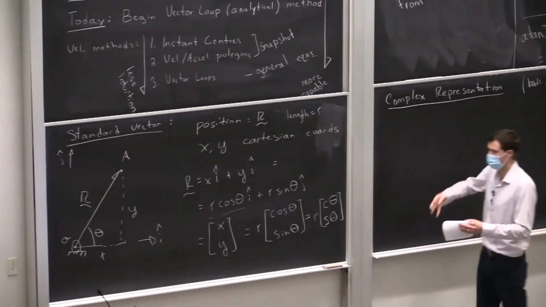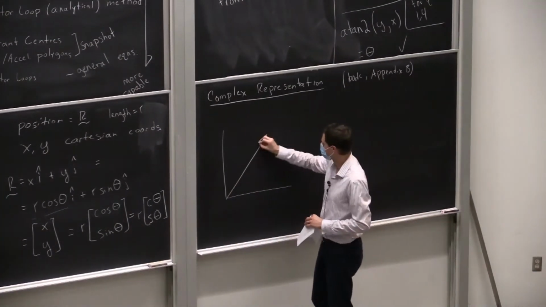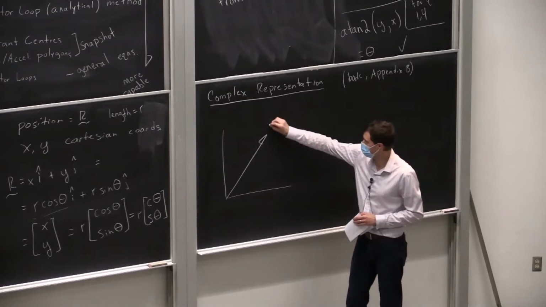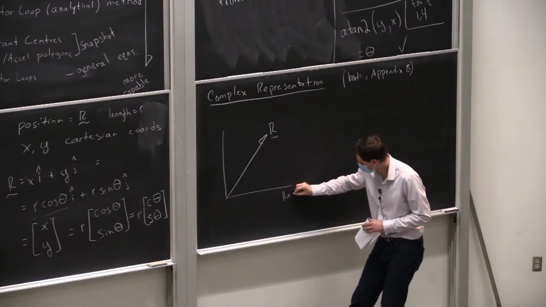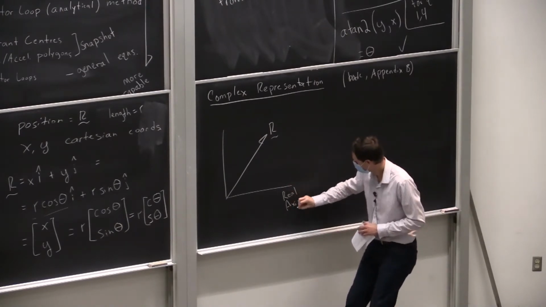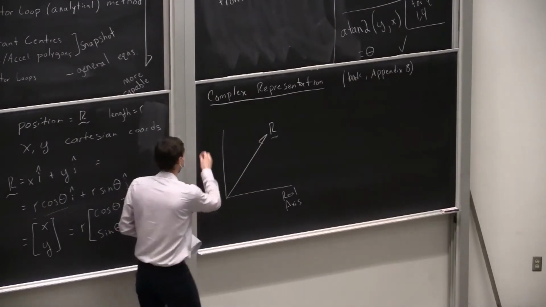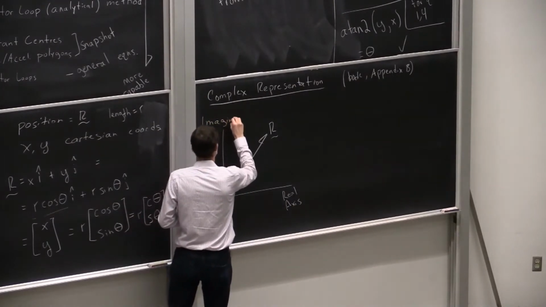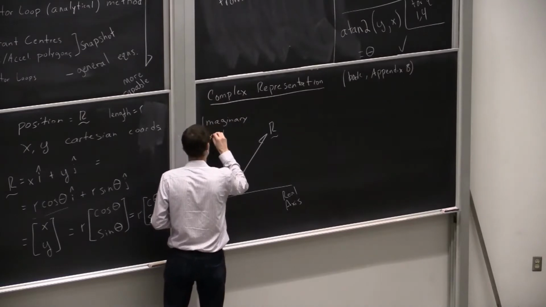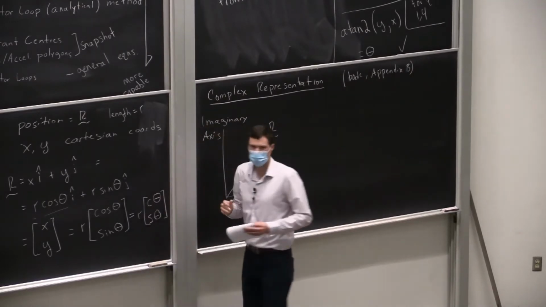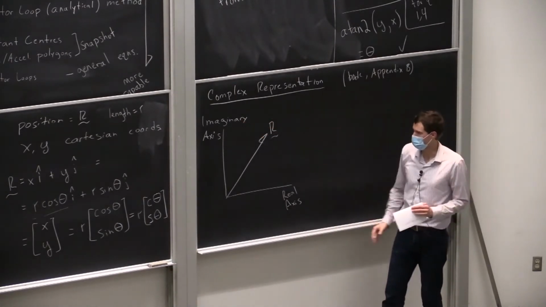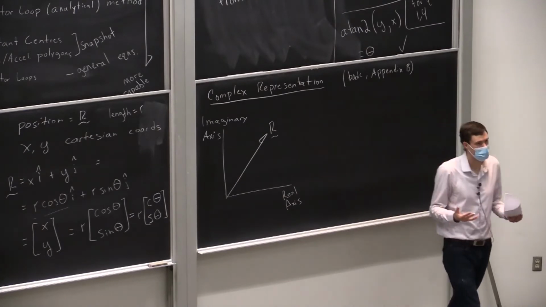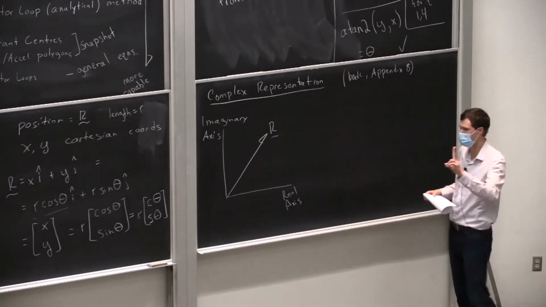So instead of describing things with x and y and i and j directions, they work on the complex plane. Here's our R vector, where the horizontal axis is called the real axis and the vertical axis is the imaginary axis. What this is really doing is exploiting the fact that an imaginary number i can keep track of two quantities for you, a real part and an imaginary part.